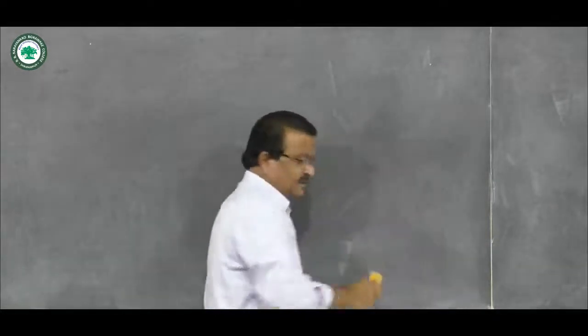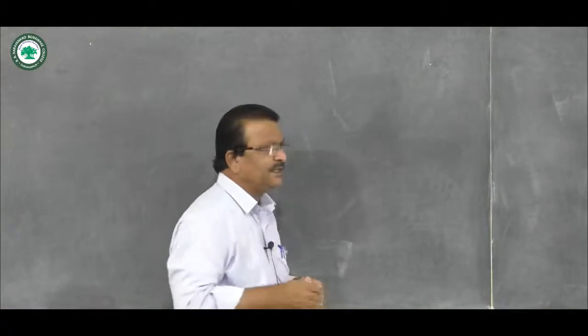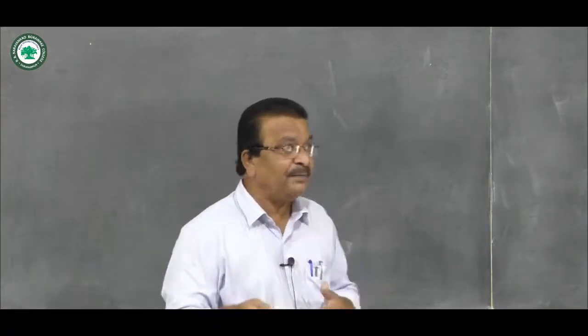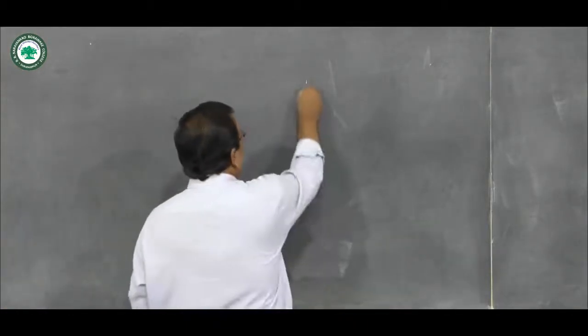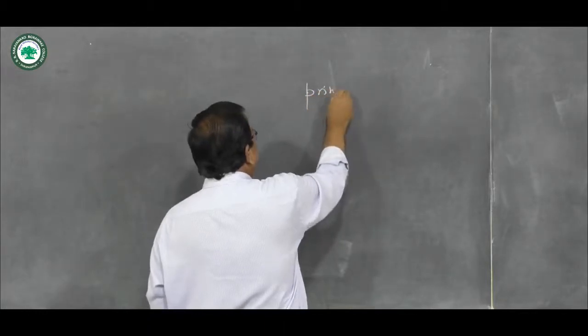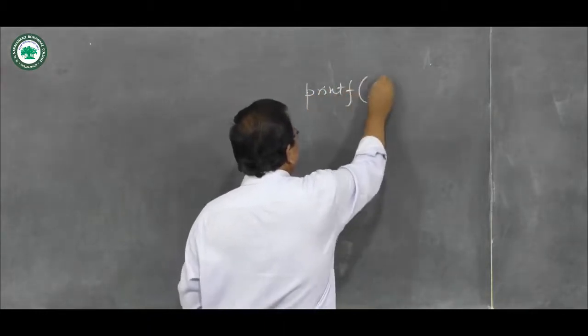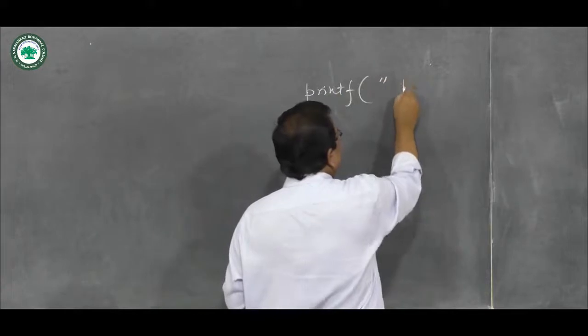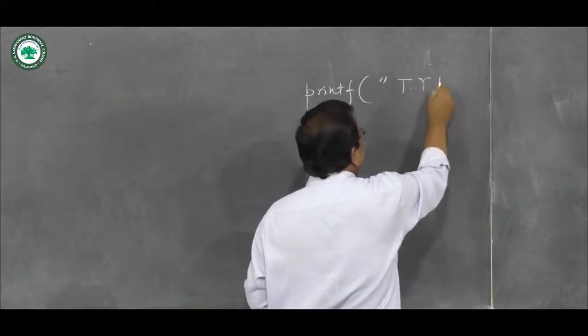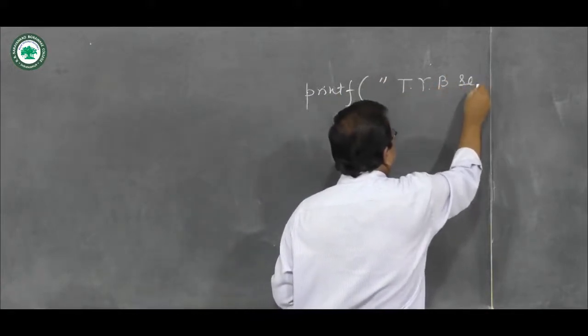Then one more feature of printf function is it is used to display only messages. For example, I want to print this particular message, printf in double quotes, TY-BSc physics.